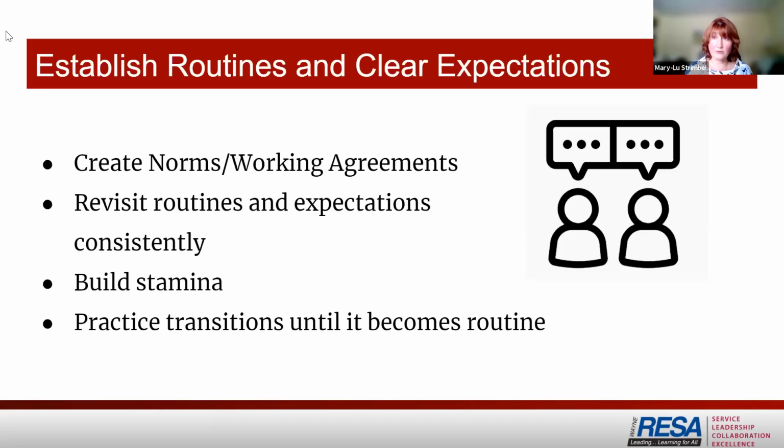And already after the last 18 months, many of our students are experts at that, but explicitly stating, this is what it looks like in our space, and we're going to practice it because we want those flawless transitions. We don't want to lose any of our very precious instructional time and collaborative time by having to stop because it's too loud or people aren't doing what is expected.